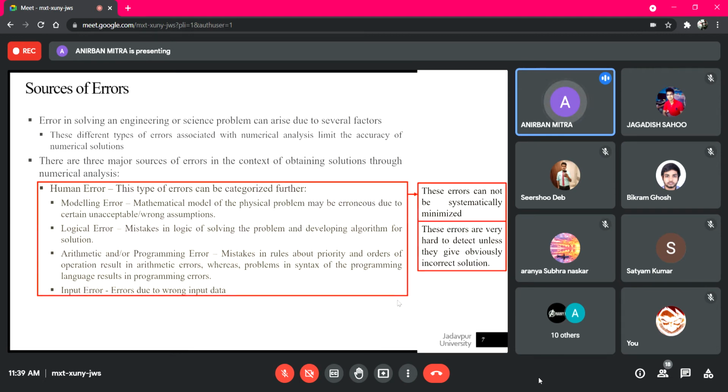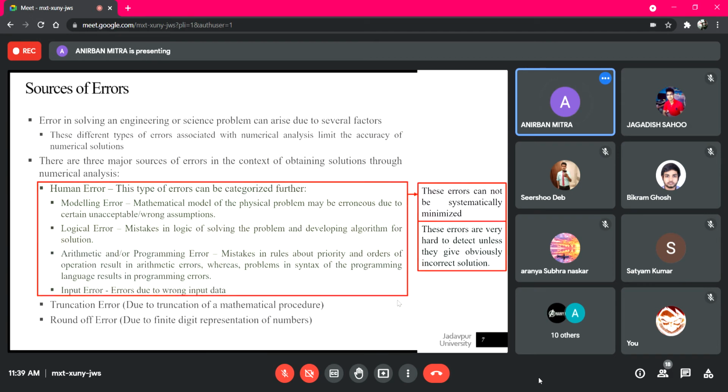In the present course, we are only going to look at two different types of errors which are systematic: truncation error and round-off error. Truncation error happens due to truncation of a mathematical procedure, whereas the round-off error occurs when you truncate the mathematical number, mathematical entity, you can say. So these errors occur due to different reasons.